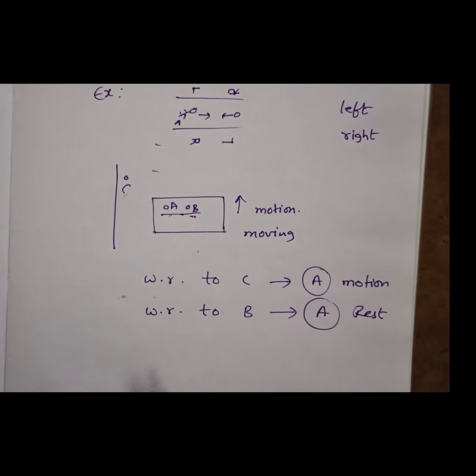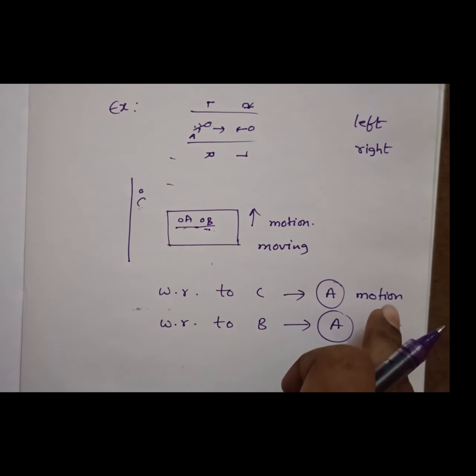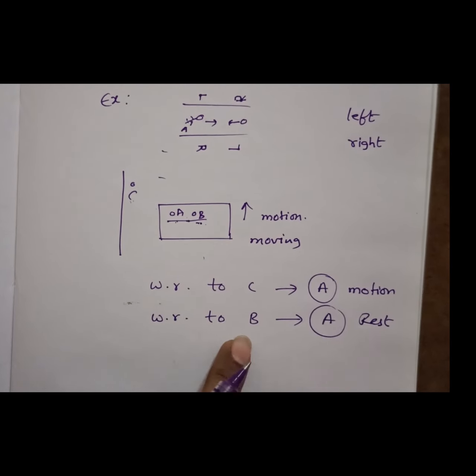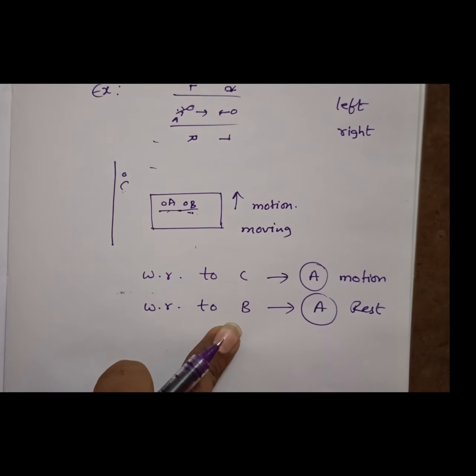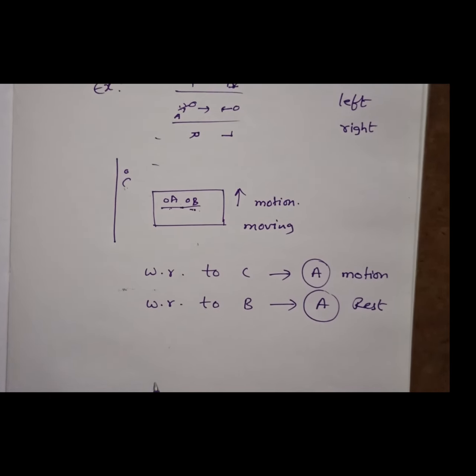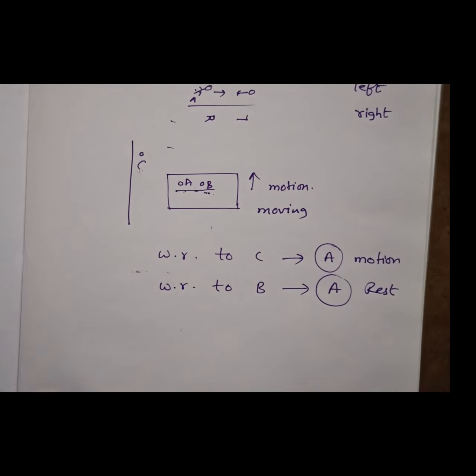So a person in a particular time is in motion with respect to one surrounding, and he is in rest with respect to another surrounding. Now we are either in the school or in the home.